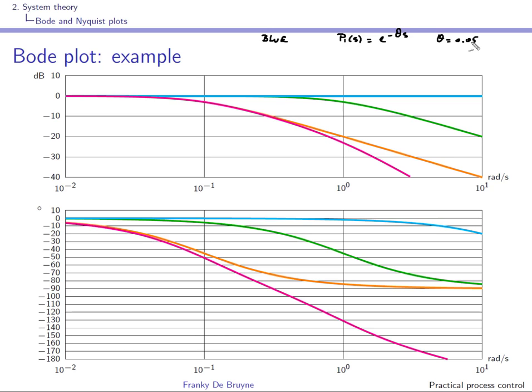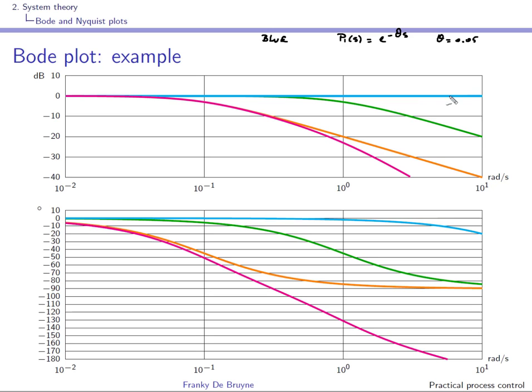We'll see later that at the frequency 1 over theta, which corresponds to 20 radians per second, the phase shift will be 1 radian, and 1 radian is around 57 degrees.